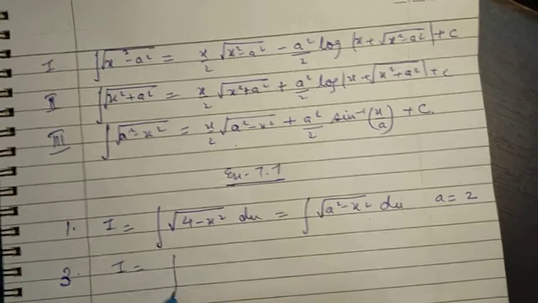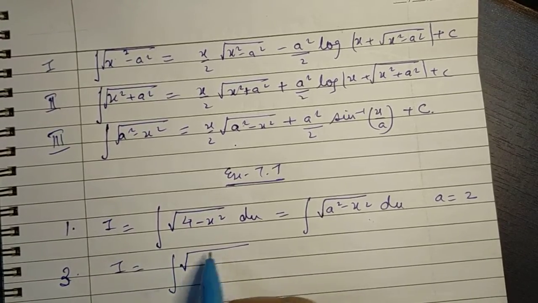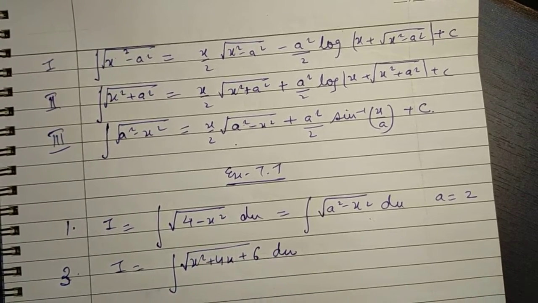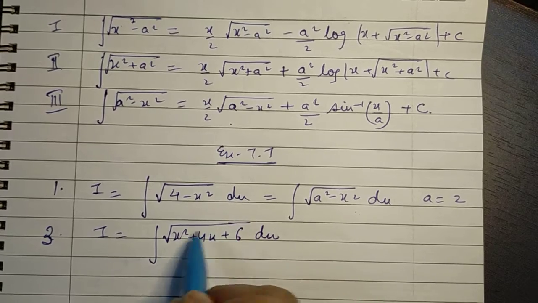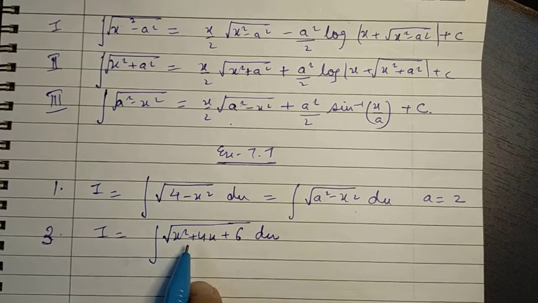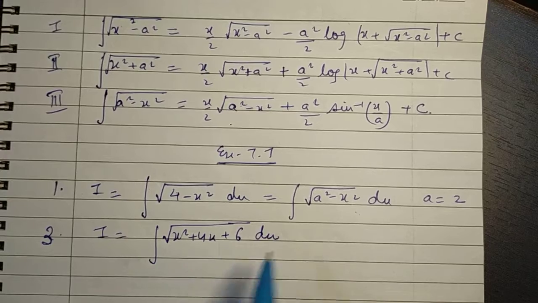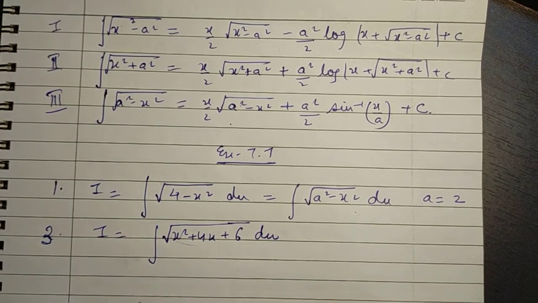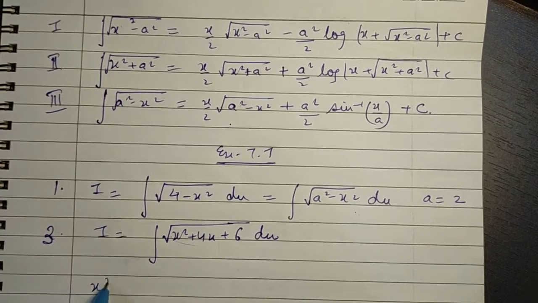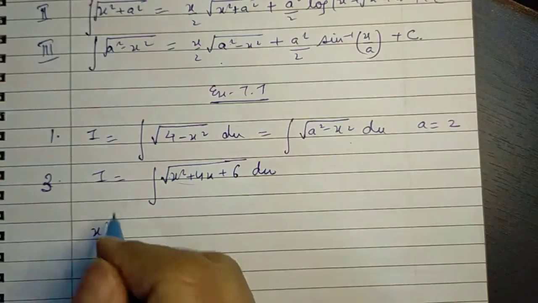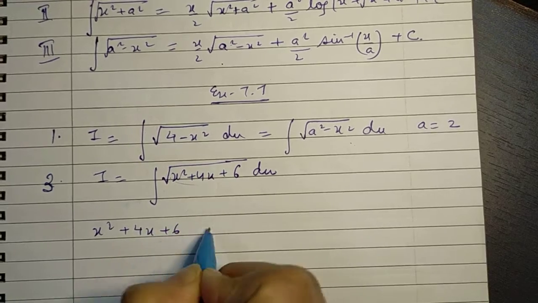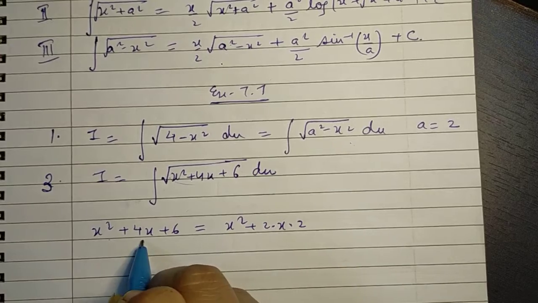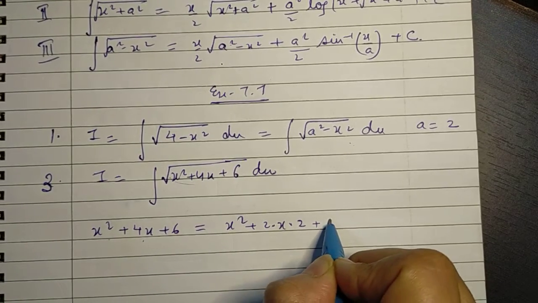Third one, here we are given square root of x squared plus 4x plus 6 into dx. So just like we dealt with the square root of a quadratic in the denominator, same way we will deal with it. So we will first convert this into a perfect square and then do the needful. So what do we do? X squared plus 4x plus 6 can be written as x squared plus 2 into x into 2, plus the third term should be 2 squared.